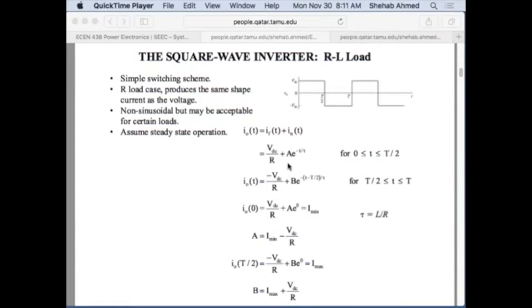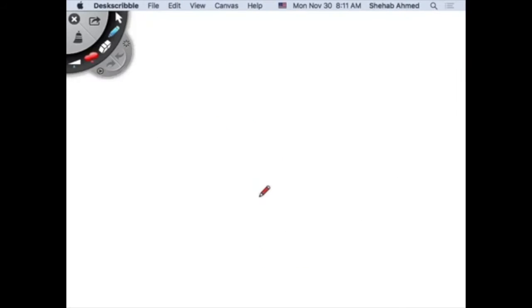So again, just back to the current waveform. We said that the current waveform for this voltage applied across an RL load would be the natural response and the forced response. The forced response would be basically the DC voltage divided by the resistance. And the natural response is the same as what we've been doing before, A e to the minus t over tau. Where would you get A from? The initial conditions. What are the initial conditions for current? We just had the waveform for current up here.